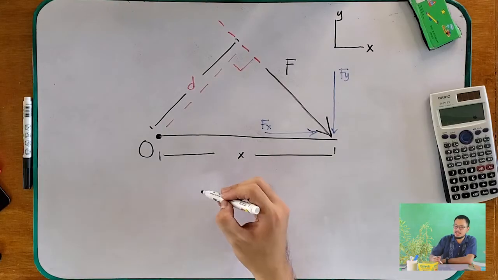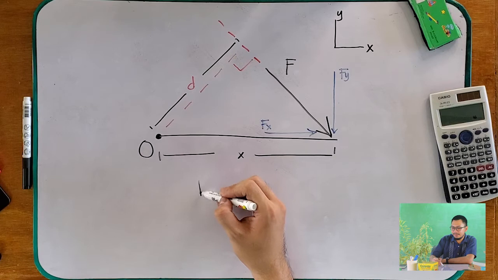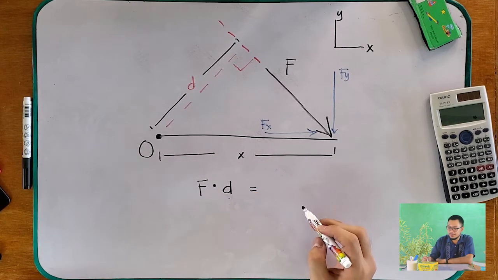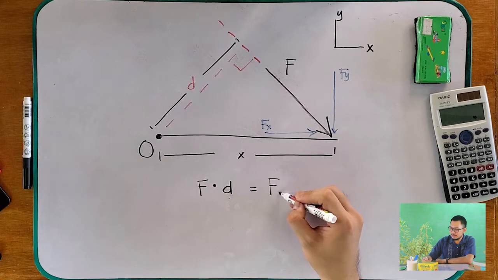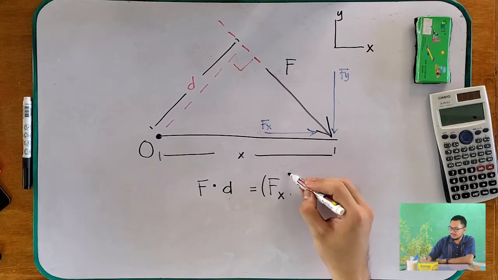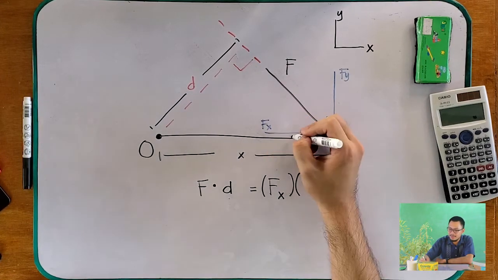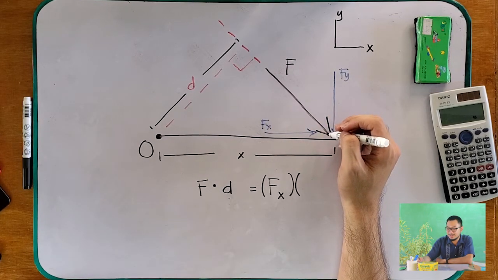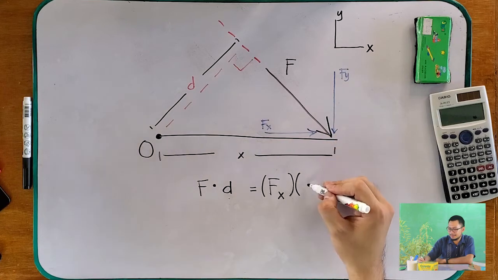Okay? So therefore, unsay pasabot ana? Just basically means that F times D is equal to Fx multiplied by the moment arm of Fx, but in this case, 0 man. So ato lang isulti nga y. Okay?